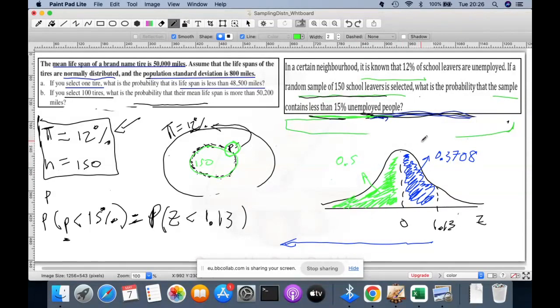So 0.5 plus this, and your final answer is 0.8708. Or in other words, 87.08%. Does that make sense, everyone? That's your answer.